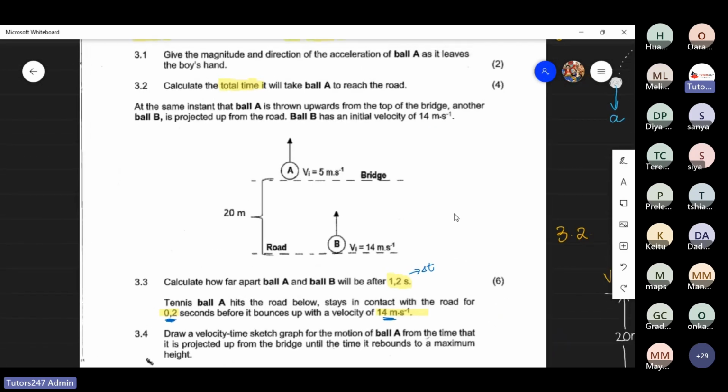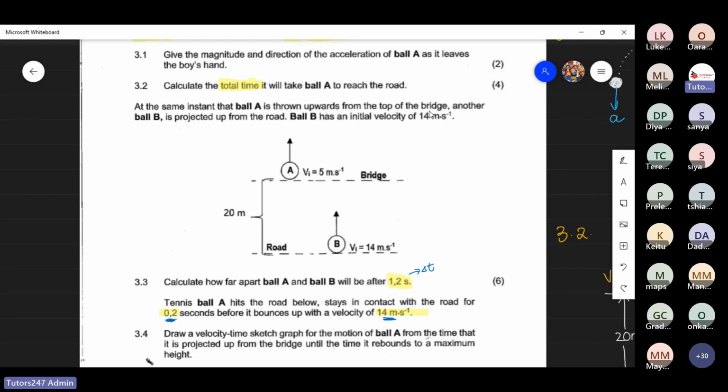Let's see. Okay, here is a statement. I think we've skipped that. At the same instant, ball A is thrown upwards from the top of the bridge. Another ball B is projected from the road. Ball B has an initial velocity of 14 meters per second.